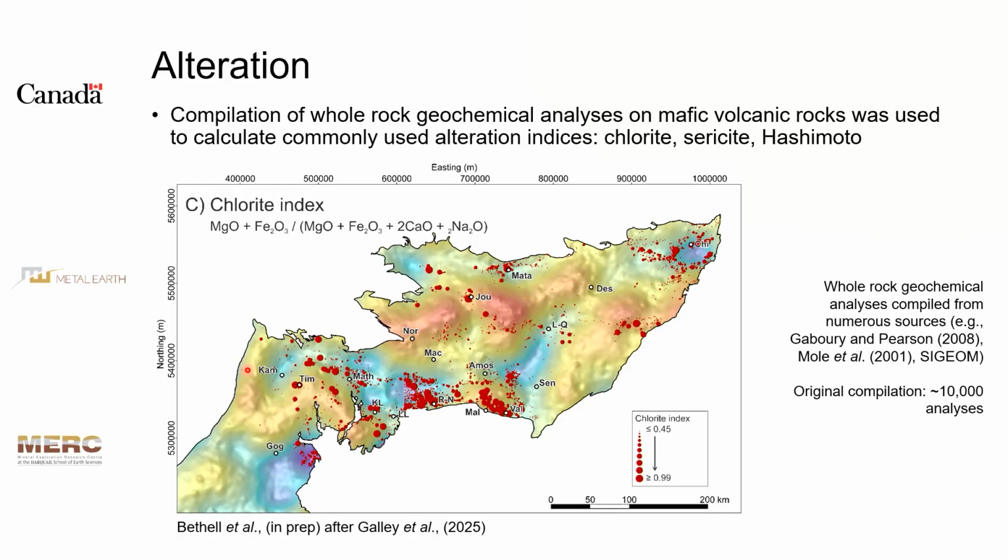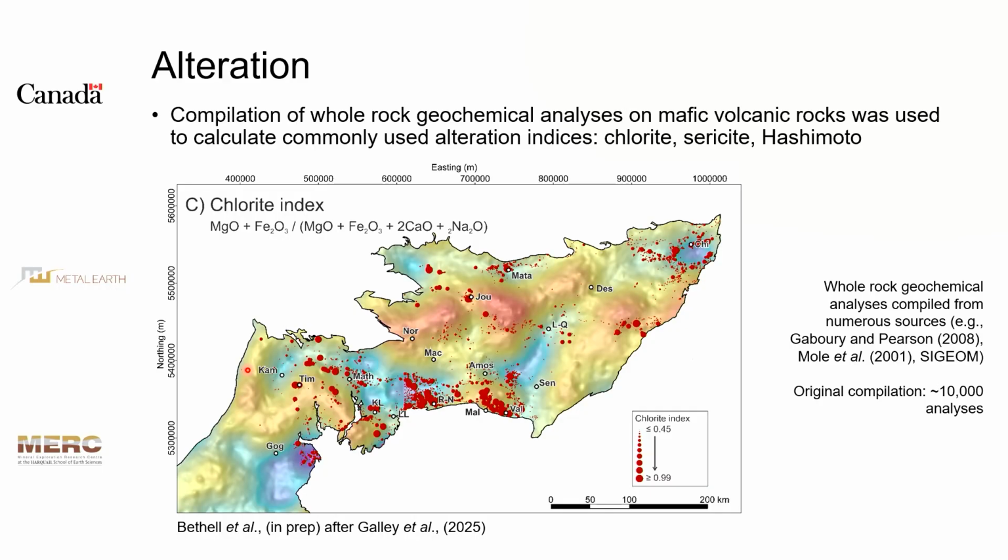We also looked at alteration, and to do that at the scale of the entire Abitibi, we put together a whole rock lithogeochemistry database for mafic volcanic rocks, and then calculated some of the commonly used alteration indices, such as the chlorite-carbonate-pyrite, sericite, and Hashimoto, or more informally called the alteration index.